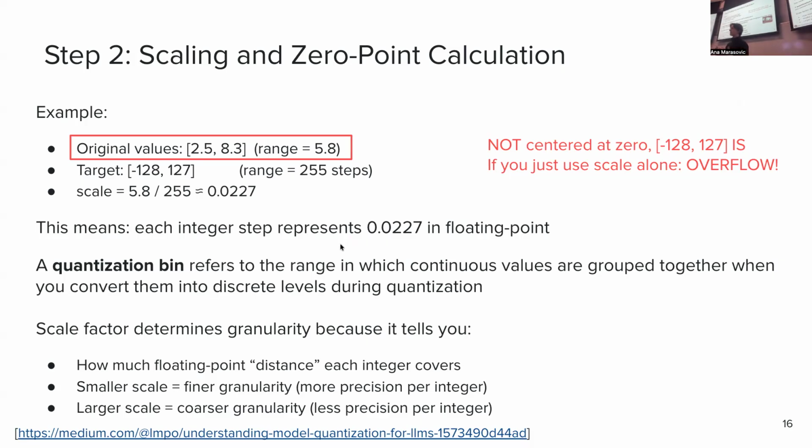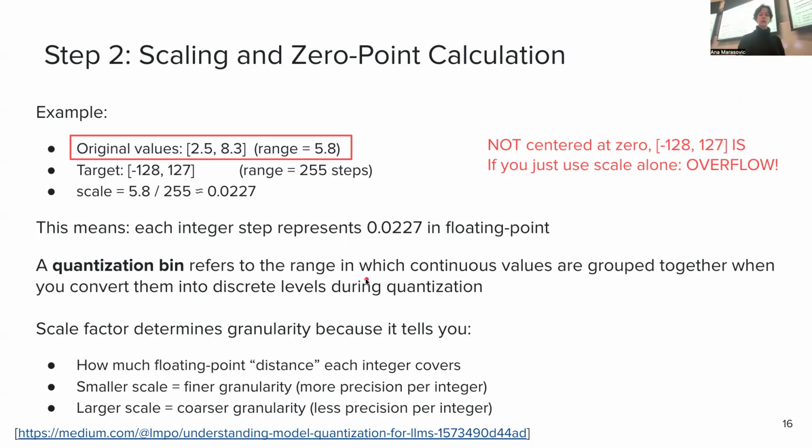And that determines then this kind of precision error, right? The larger that little interval within the big interval is, that means your granularity is larger and you will probably have less precision per quantization integer.